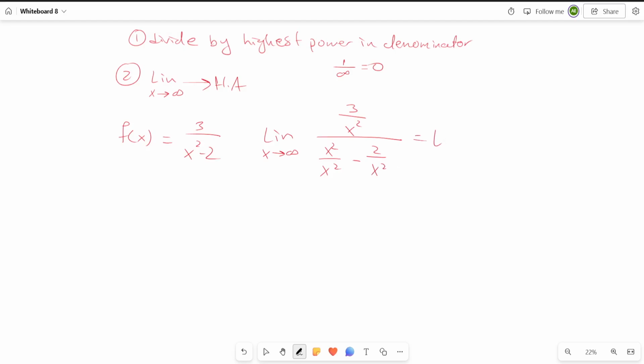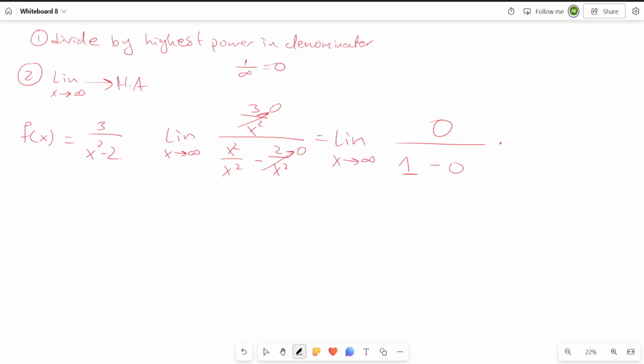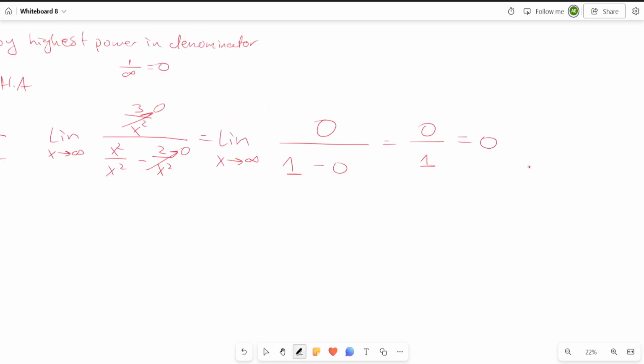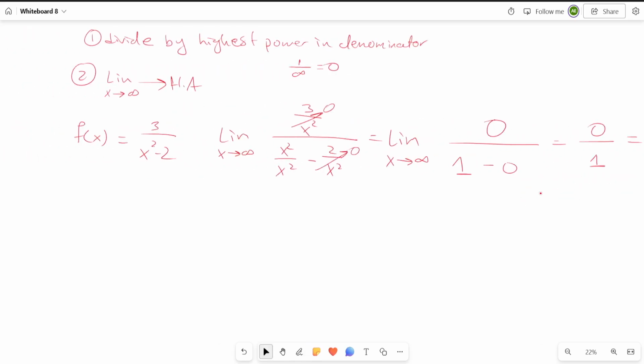When I put infinity in 3 over x squared, it's going to be a very high value in the denominator, so this goes to 0. The x squared over x squared is basically 1, and this term is 0 as well. So my answer is 0 over 1, which equals 0. So my horizontal asymptote is the line y equals 0.